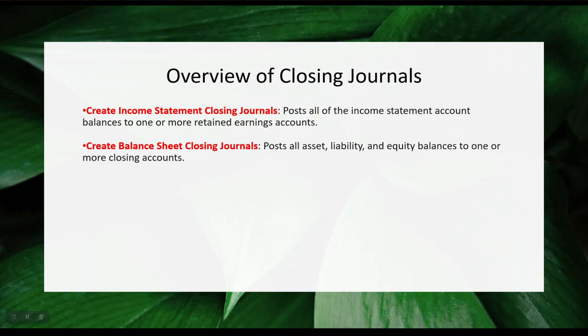One of them is for income statement journals, which is for expenses and revenue. The other one, which is balance sheet, is for the others, which are assets, liability, and equity.